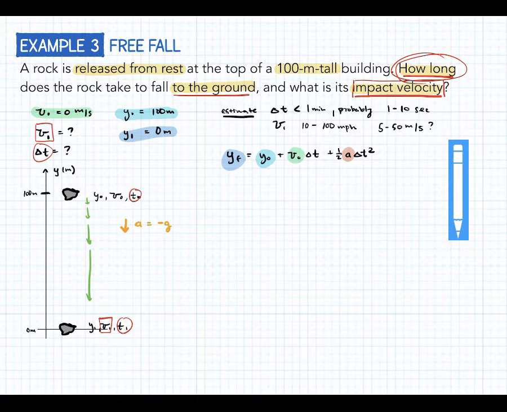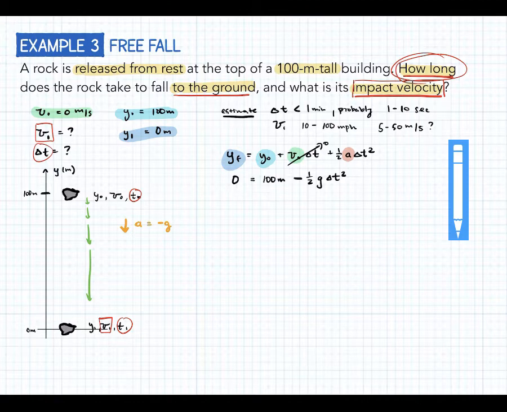So we'll plug this stuff in. That's going to be 0 is, this is 100. This whole thing goes to 0. So this is minus, because we have minus g instead of a, 1/2 g delta t squared. Okay, and we can plug this in later, but I'm just plugging it in now.